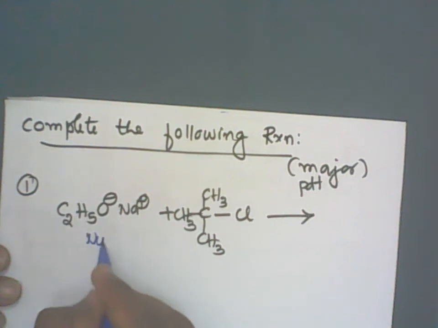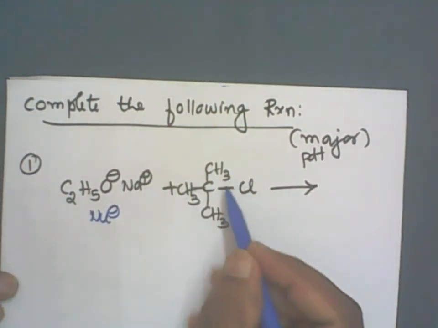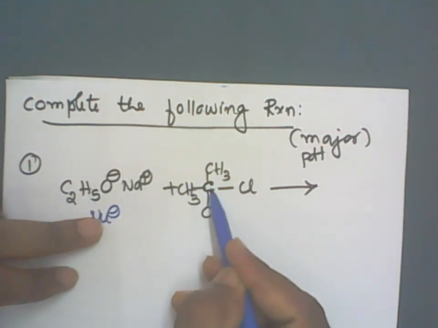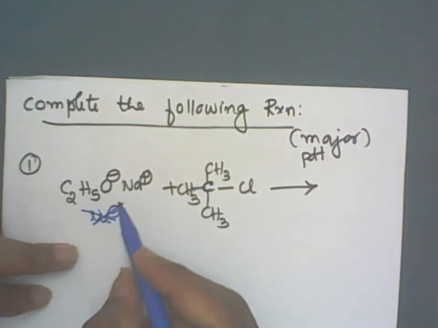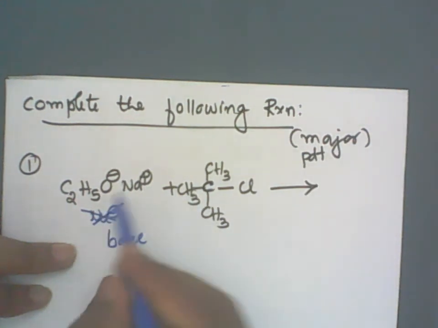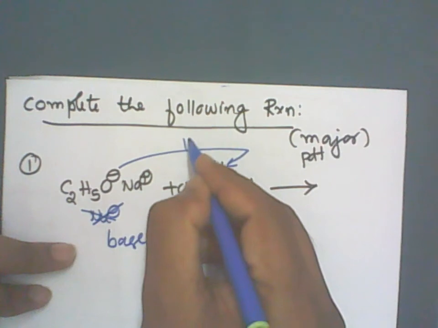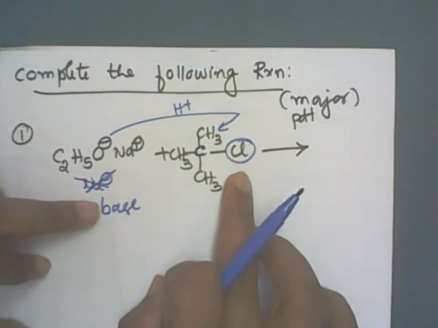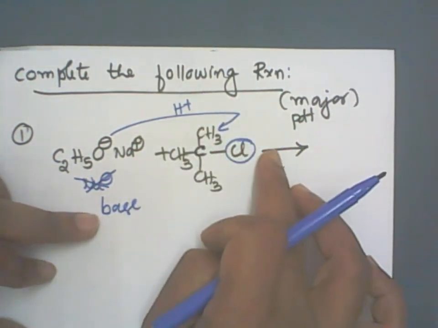This should act as a nucleophile in general, and this is the alkyl halide, the bulkier one. The nucleophile cannot attack the tertiary carbon atom easily, so this cannot act as the nucleophile. Instead, it acts as the base, and the base will always take up acidic hydrogen from the neighboring carbon atom, and the halogen should go out. Remember, the alkyl halide is a bulkier molecule.